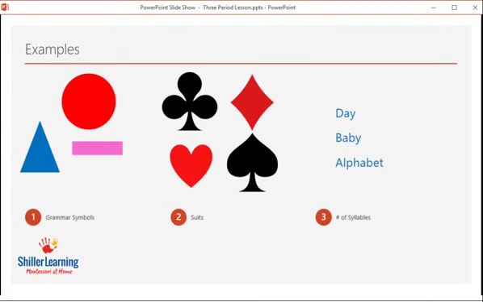And here are some more examples of how this could be used. We've talked about vegetables and living things and continents and countries. In a practical way, we also use them with grammar symbols. This is how ShillerLearning introduces grammar symbols in our language arts curricula. We use the 3-period lesson.